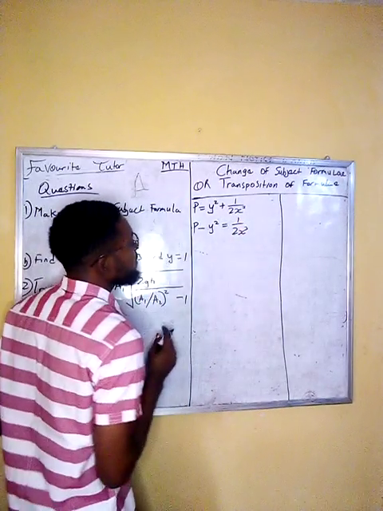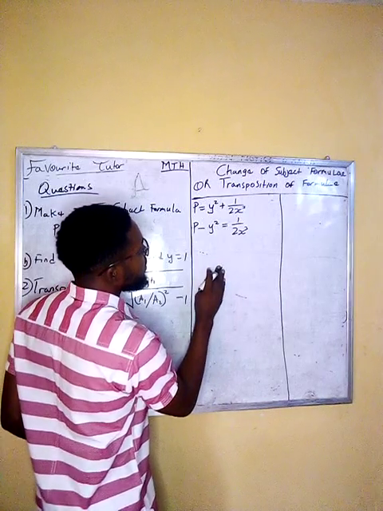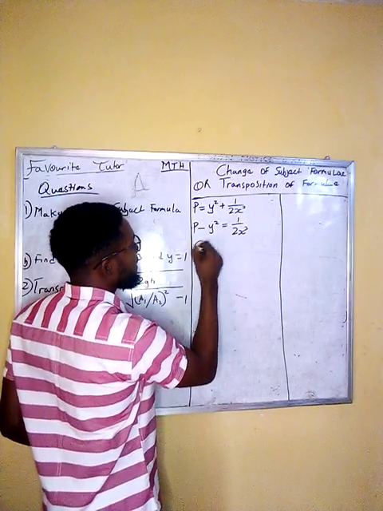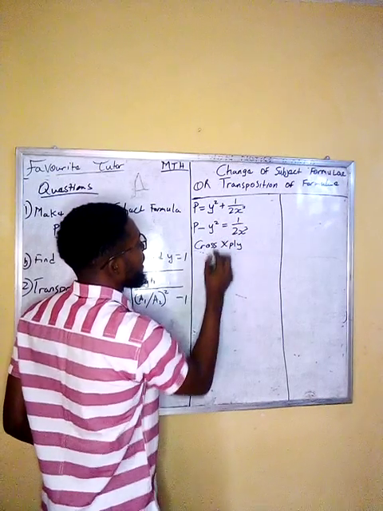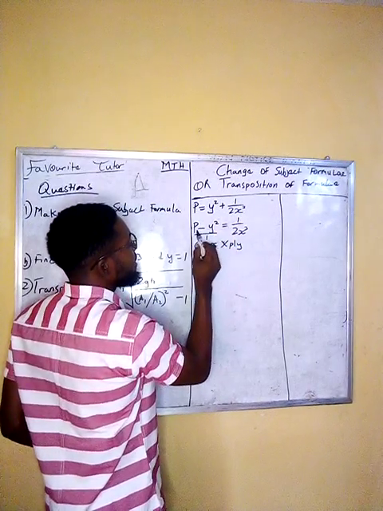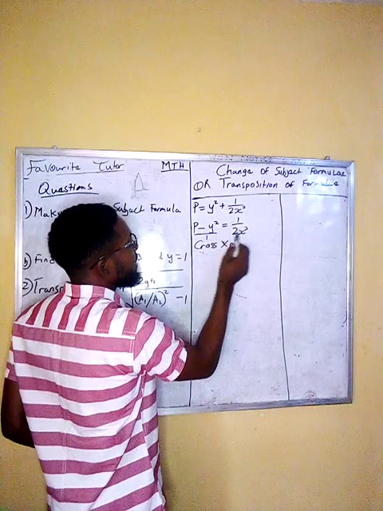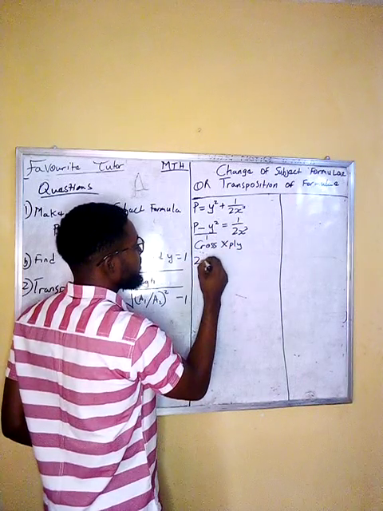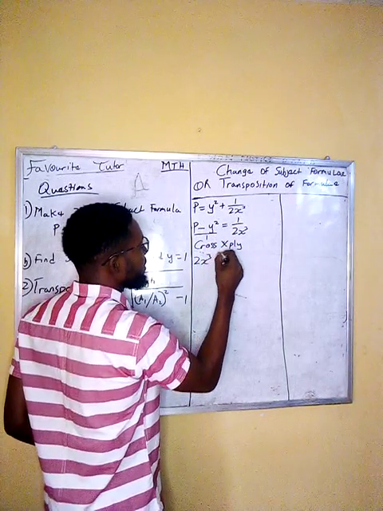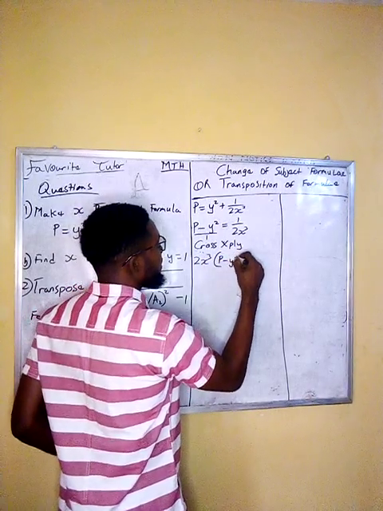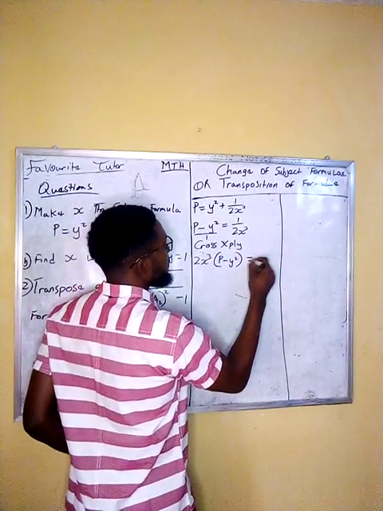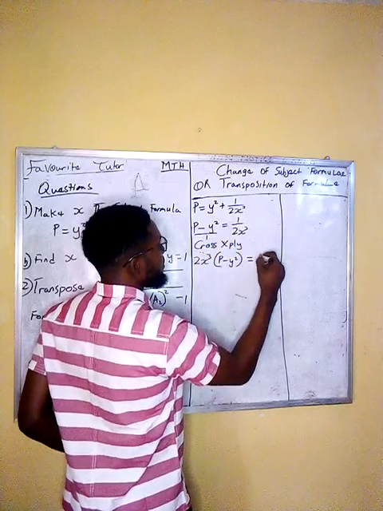So we cross multiply. This is all over 1. P minus y raised to the power of 2 times 2x raised to the power of 3 equals 1 times 1, which is 1.